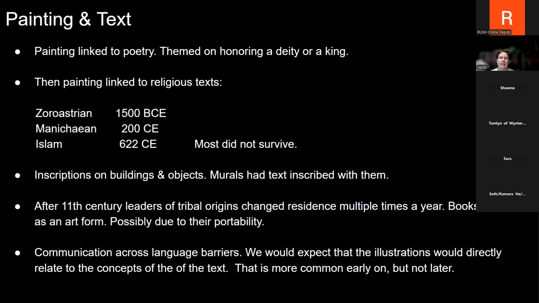In the 11th century, about half of the Persian Empire, the Abbasid Caliphate, is lost to the Seljuks who've come in from Central Asia.